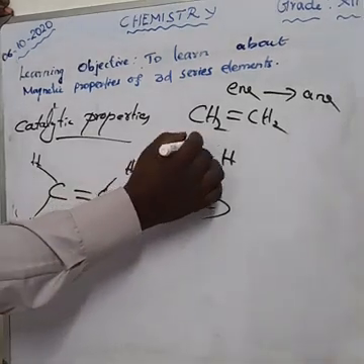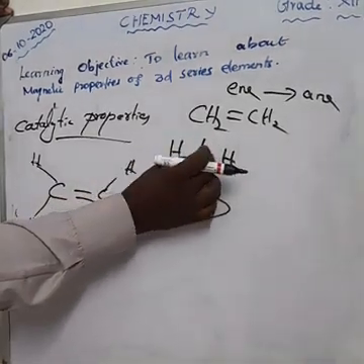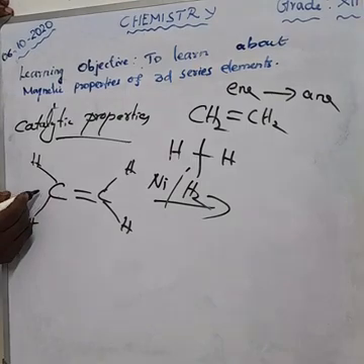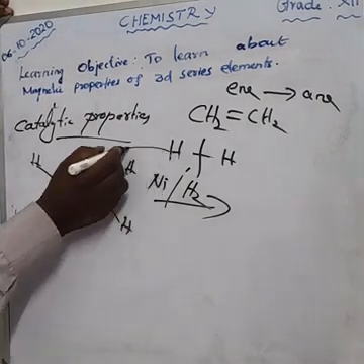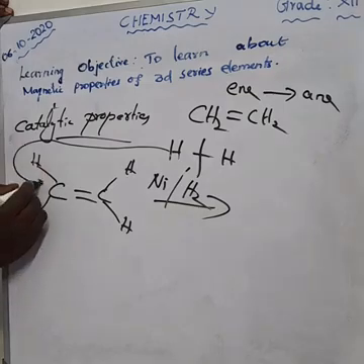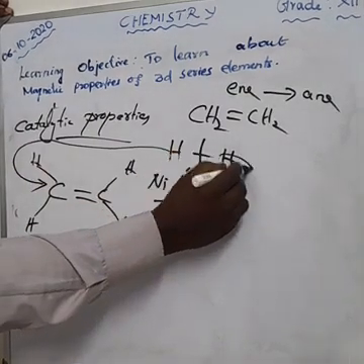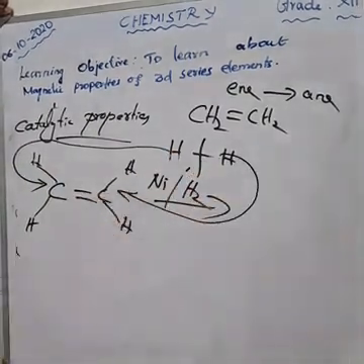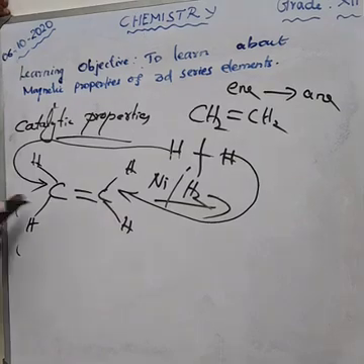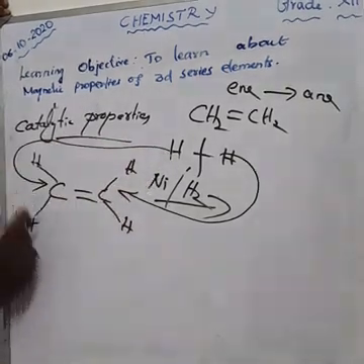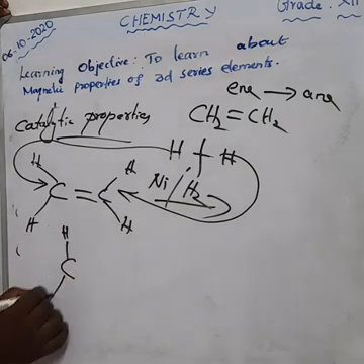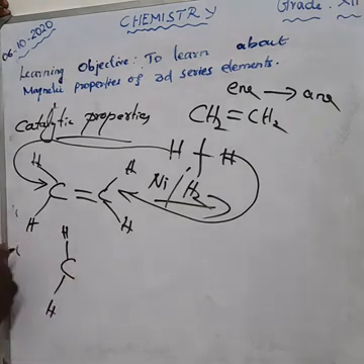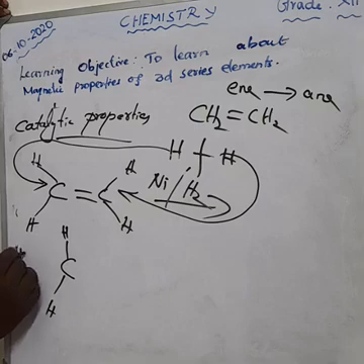This hydrogen molecule breaks, and one of the hydrogen atoms is attached here, and the other hydrogen is also attached here. So can you say what is the product? The hydrogen will be attached here. So what's the product?